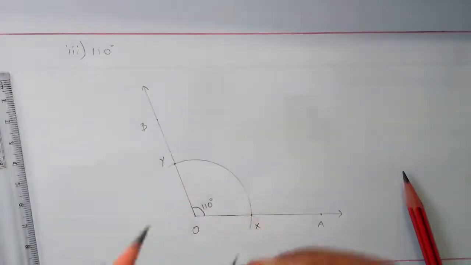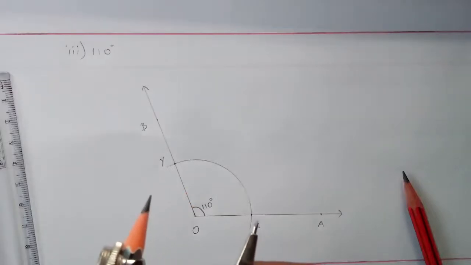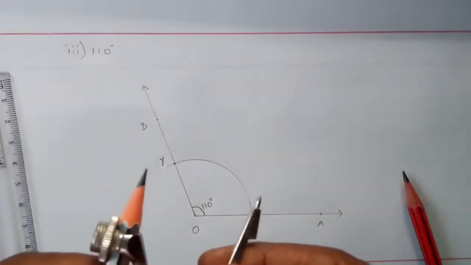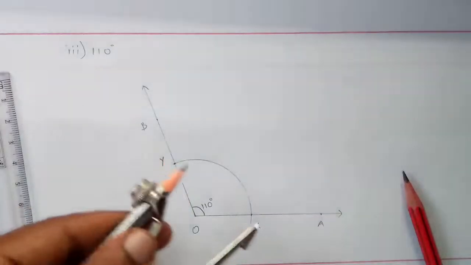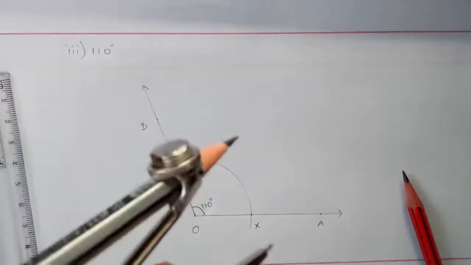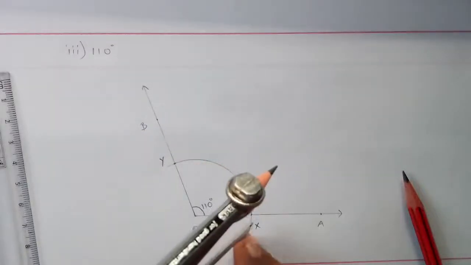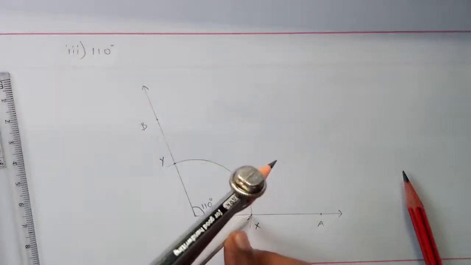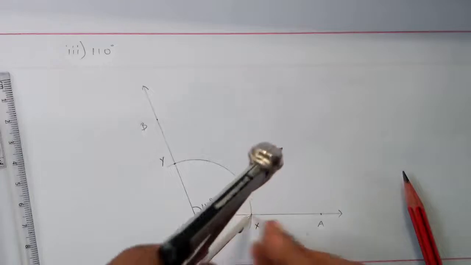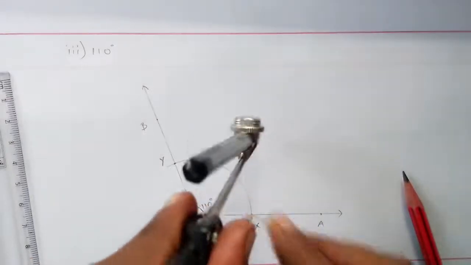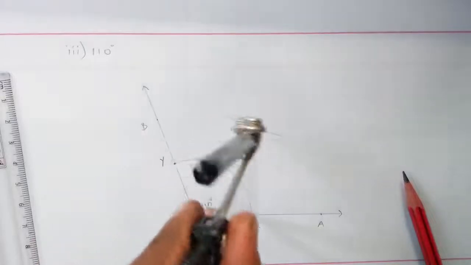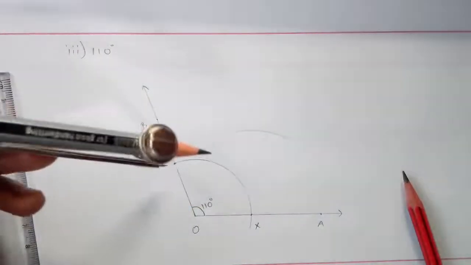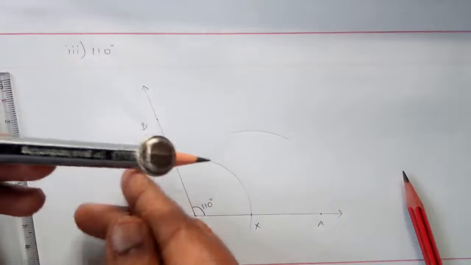It should be more than half. So you can extend. If it is less, we can't get an intersection in between. So take a little bigger, more than half of XY. Now we have to place it on X. Placing it on X, we have to draw an arc internally with the same measurement.